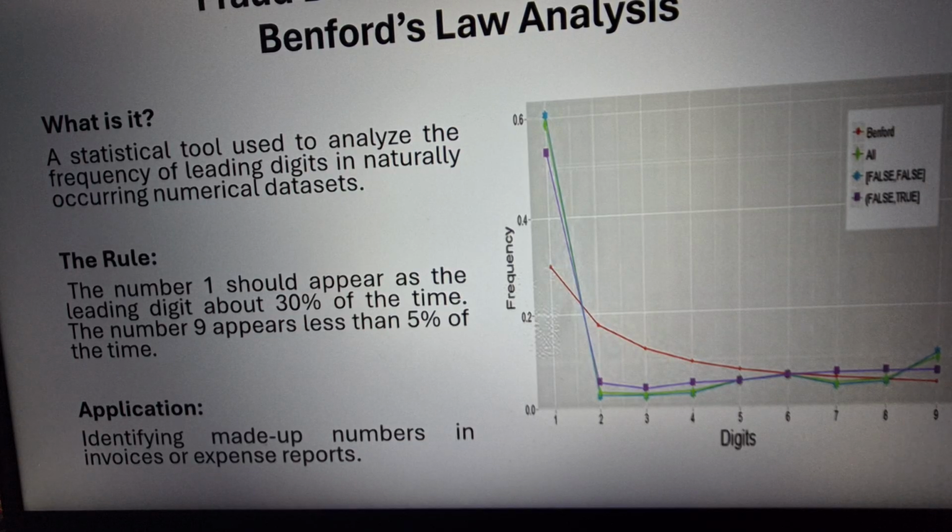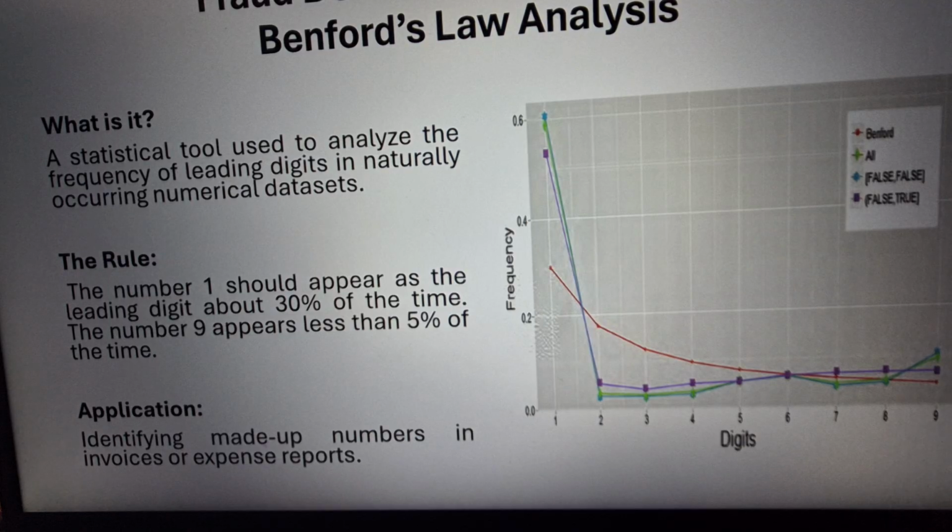When people invent fake numbers for fraud, they try to make them look random. And ironically, they violate this natural mathematical rule. We can run our invoice amounts through this test to flag anomalies.